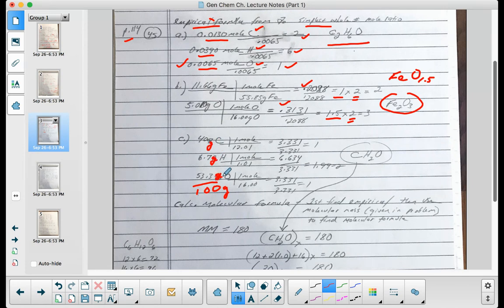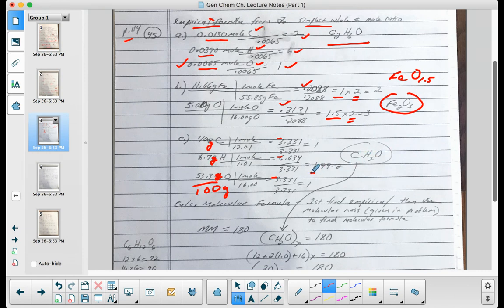And then once I have that, all I have to do is convert to moles, just like the process I did up here in example B, convert to moles, do the same thing for the hydrogen, convert to moles, again, same for the oxygen, convert to moles. Of those mole values that I calculated here, here, and here, pick the smallest, which is 3.331, divide each by that, and I'm going to get a 1 to 2 to 1 ratio.